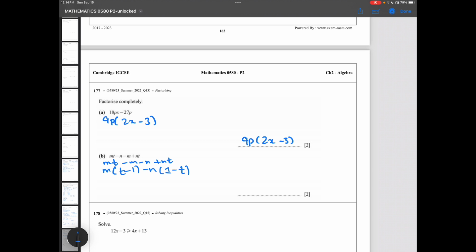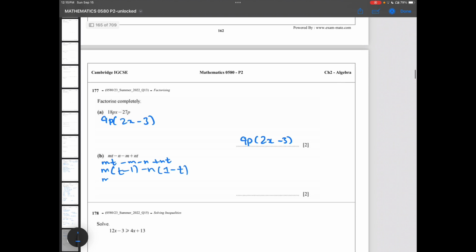So over here, I can see that in the first bracket, I have t minus 1. In the second bracket, I have 1 minus t. So the signs are opposite over here, right? In the first bracket, the sign of t is positive, in the second one it is negative. And the sign of 1 is negative in the first bracket and positive in the second bracket. So what I need to do is take the minus common from this bracket.